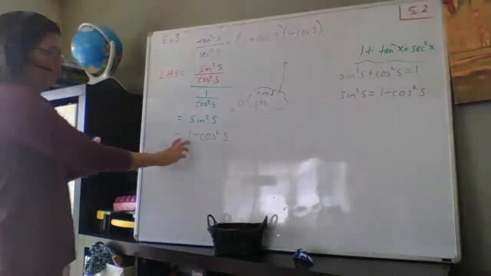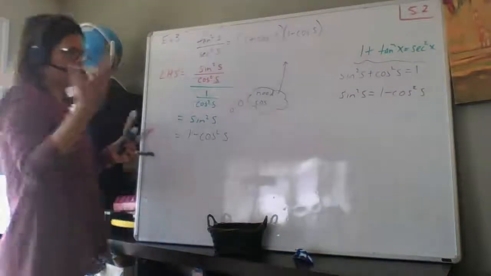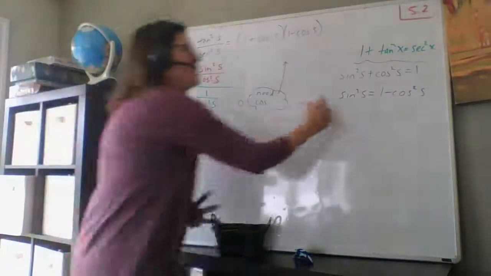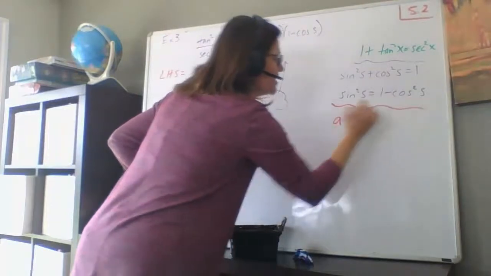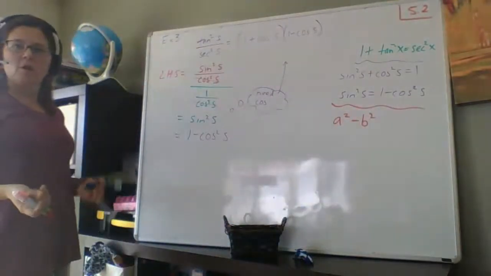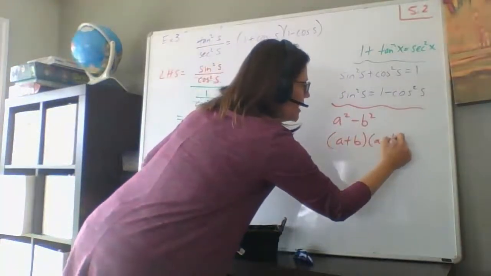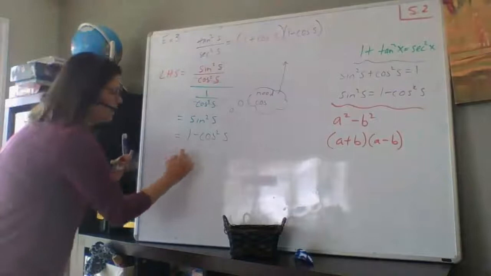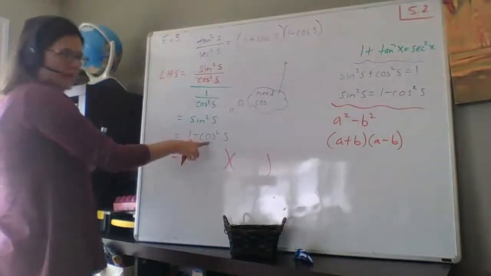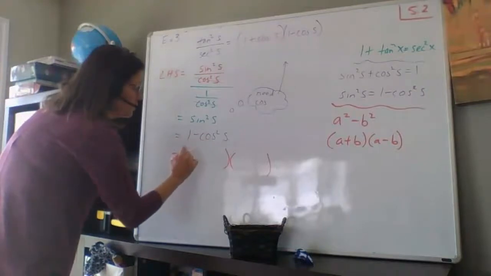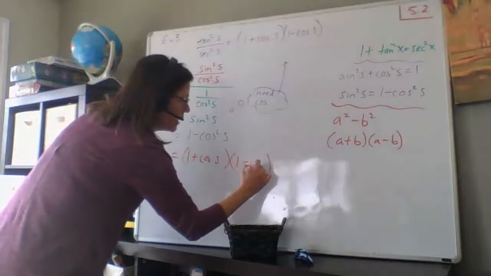So is there a way to factor 1 minus cosine squared s? There is, in fact. Anytime we have an expression like a squared minus b squared, we can factor that into a plus b and a minus b. Since this is 1 squared and that's cosine squared, we can factor this into 1 plus cosine s and 1 minus cosine s.